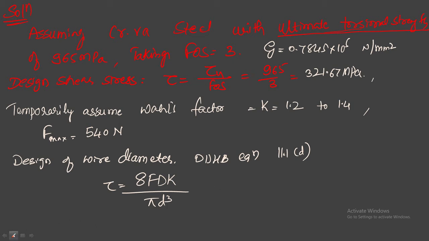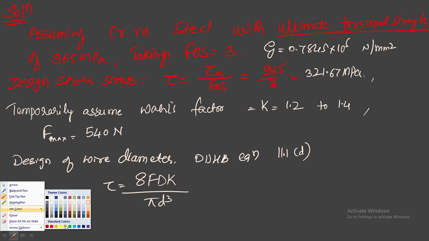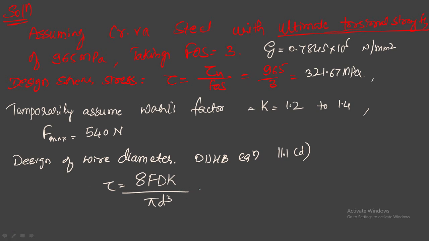Now let us substitute here: 8, F is 540, D is 30 plus d. For the K value, let us assume 1.2, so K equal to 1.2, divided by pi d cube.